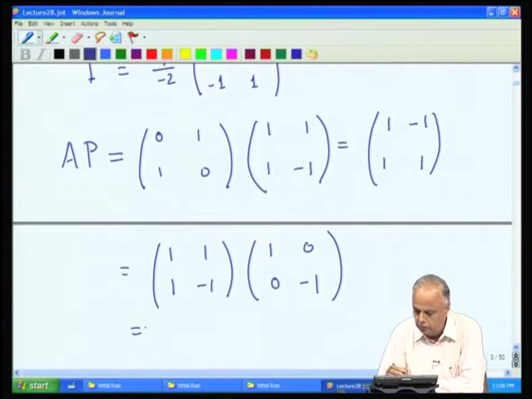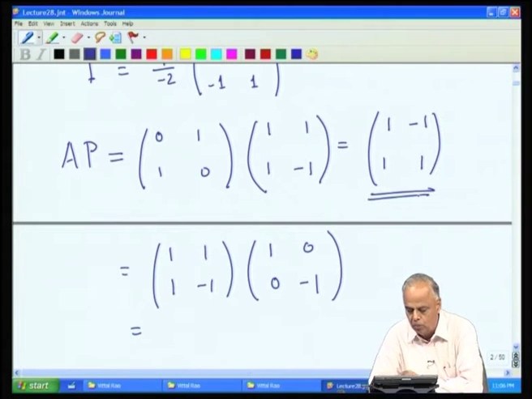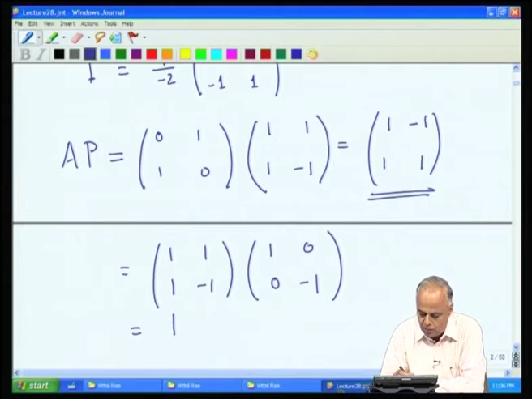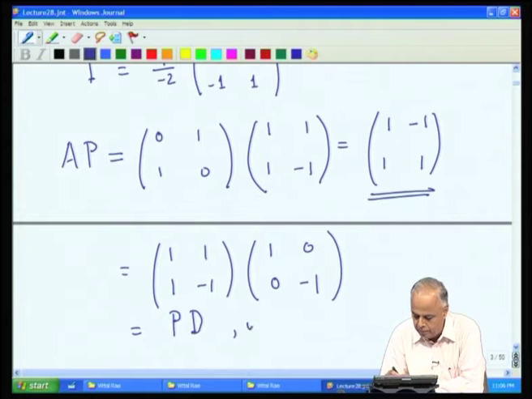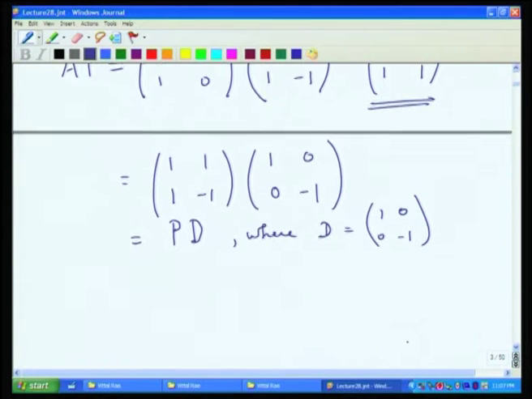It is easy to check that the product of these two matrices gives this matrix. 1 1 1 minus 1 was P and we will call this diagonal matrix D, where D is the diagonal matrix 1 0 0 minus 1. And since P was invertible, taking the P to the other side, we get P inverse A P is D, a diagonal matrix.